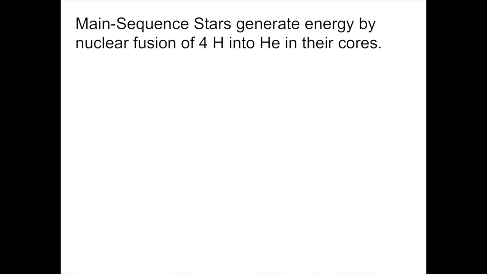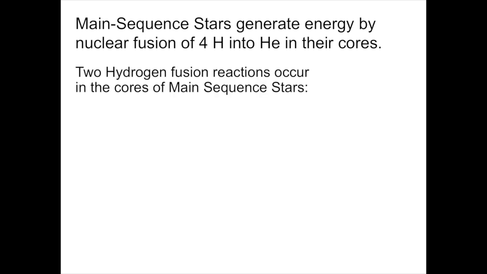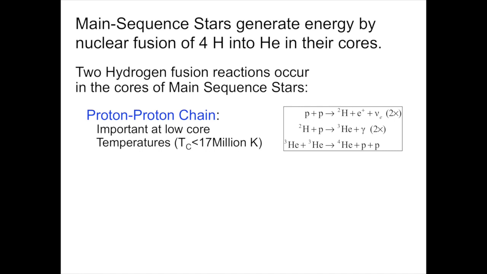Main sequence stars generate their energy by the nuclear fusion of 4 hydrogen nuclei into 1 helium in their core. There are 2 hydrogen fusion reactions that can occur in the cores of main sequence stars. The first of these we already met in the previous lecture discussing the lifetime of the sun. This is the proton-proton chain.